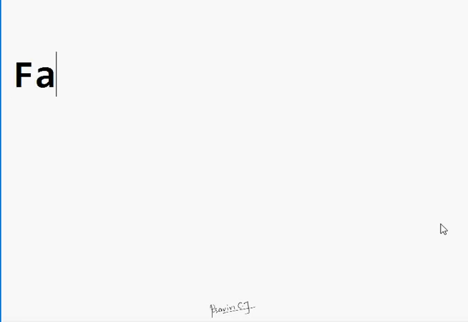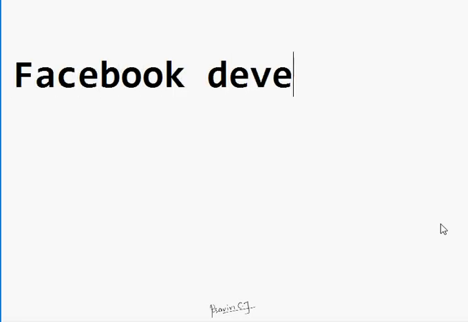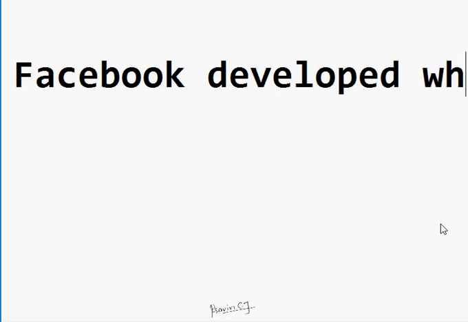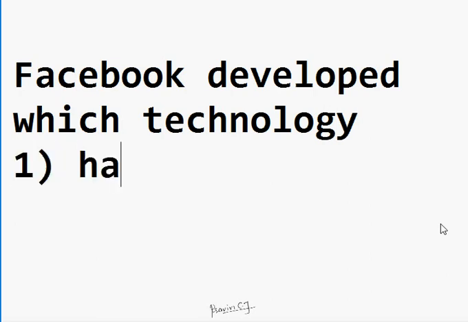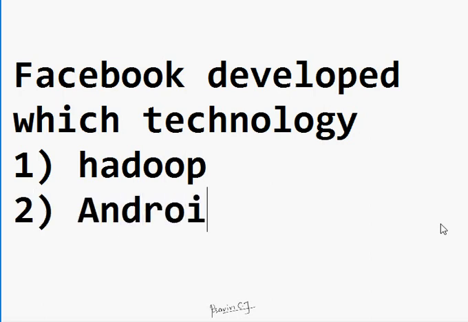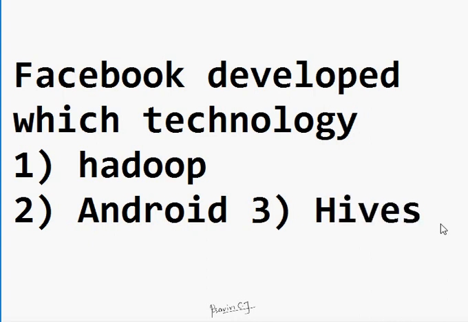Or the question may be: Facebook developed which technology? You may have a question like this: Facebook has developed many technologies, so option 1 is Hadoop, another option can be Android, another option can be Hive, and maybe another option is AI, artificial intelligence.